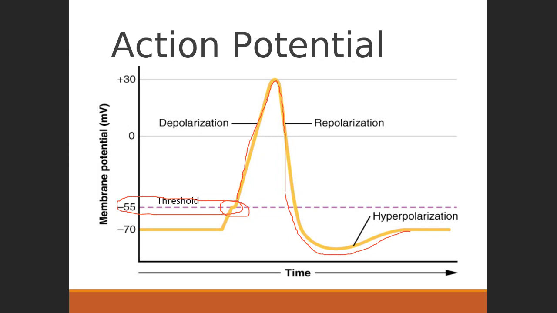Once you hit that threshold, as anybody knows who has flushed a stopped up toilet, and the panic that sets in afterwards, once that flush begins, there is no stopping it. Just like once you hit the threshold here at minus 55 millivolts, the rest of this action potential takes place automatically and cannot be stopped anywhere along the way.